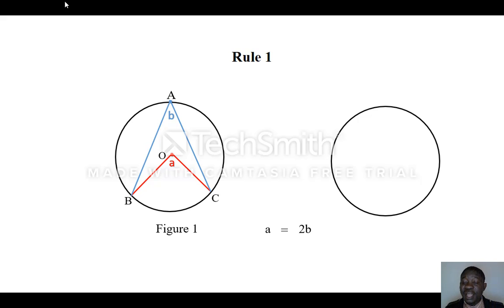Now, let's look at this one. If I have another circle, A, with a center O, I have a chord BC, which subtends an angle at A. Let's call this angle B. It also subtends an angle at the center, let's call this angle A. Again, A is equal to 2 of the B for figure 2.